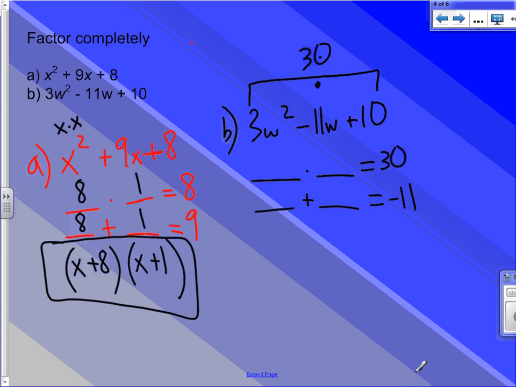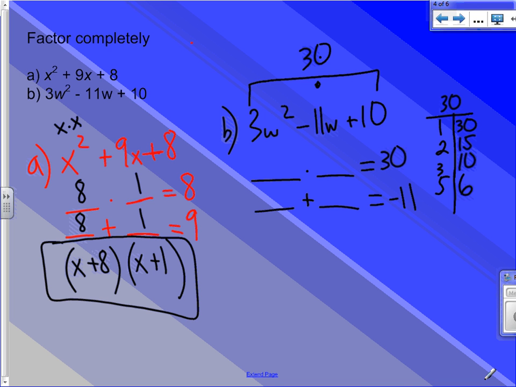If you're still stressing about that, I don't know what the numbers are, I can't figure this out, what you can do is fall back on using these t-tables, t-charts, and think of all the ways to multiply to get 30. 1 and 30, 2 and 15, 3 and 10, 4 is not going to work, 5 and 6, 7, 8, 9, none of those work. 10 we already have in the chart, so that means this is done.